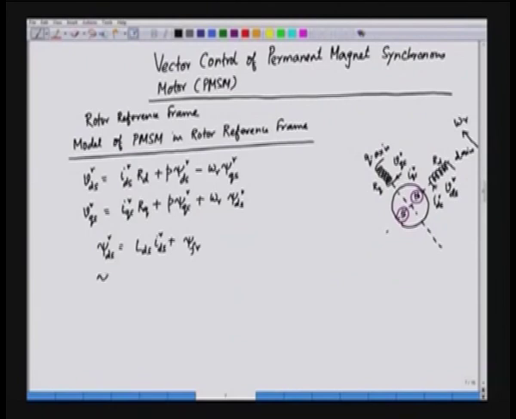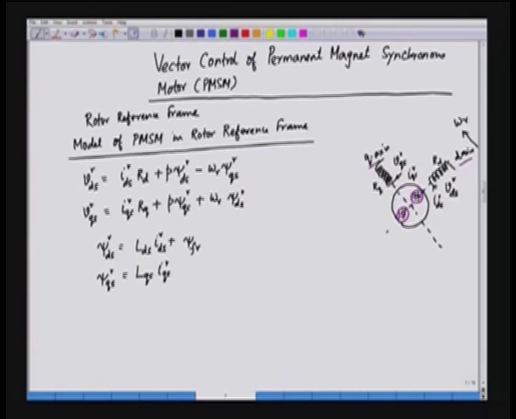Similarly, we can have the flux linkage for Q axis. The flux linkage for Q axis psi qs is given as LQS into IQS R. In the Q axis there is no magnet, it is iron. In the D axis we have the magnet, these are the magnets. So, we have magnet in the D axis, and in the Q axis there is no magnet.